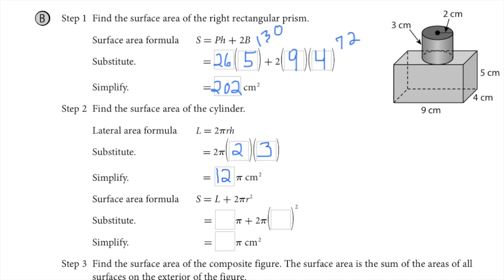And simplifying that out, we get 12 pi centimeters squared. Again, that's just the lateral area. To find the whole surface area of the cylinder, we're going to do 12 pi, which is the lateral area, plus 2 pi times the radius, which again is 2 squared, or 20 pi for the entire surface area of the cylinder.